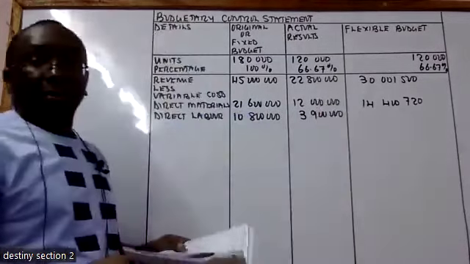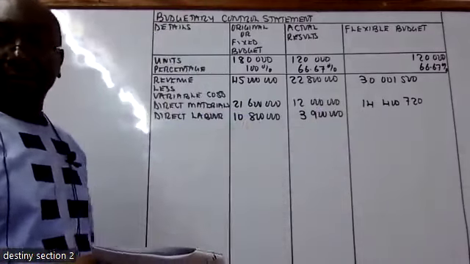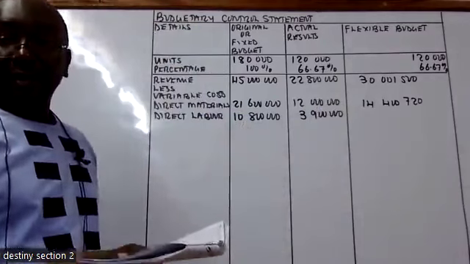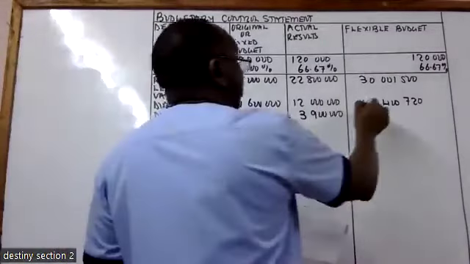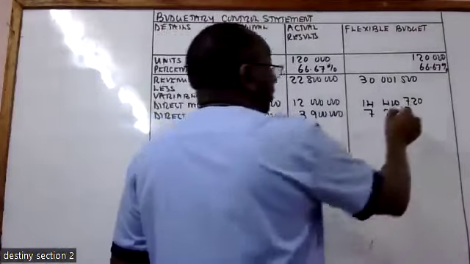This is still variable, so give me 66.67% of this. That is 7,200,360.